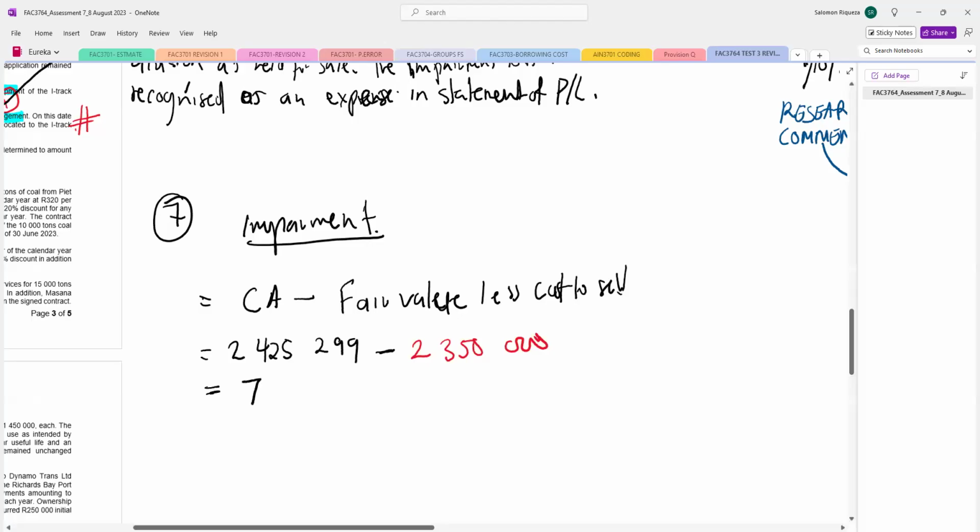Please confirm the value. I'm getting 75,299. It's correct. Thank you. Right, so that's my impairment. I think we've come to the end of our calculation. We have our carrying amount, we have our fair value less cost to sell, we have our impairment, so we can complete the notes now and do the allocation accordingly.